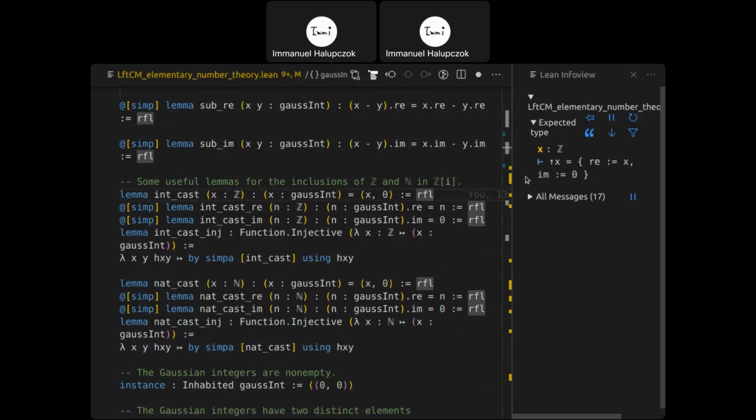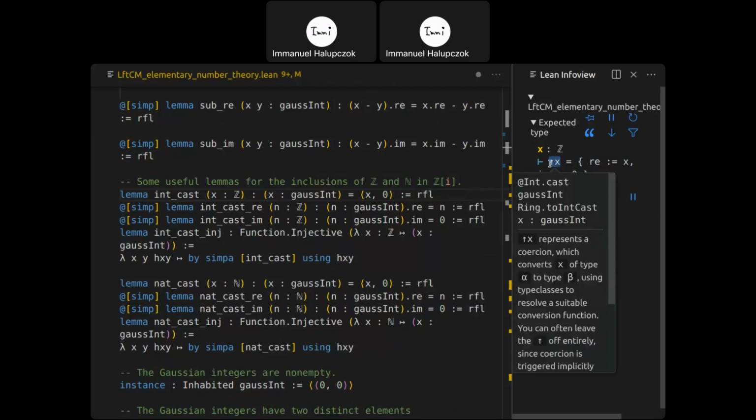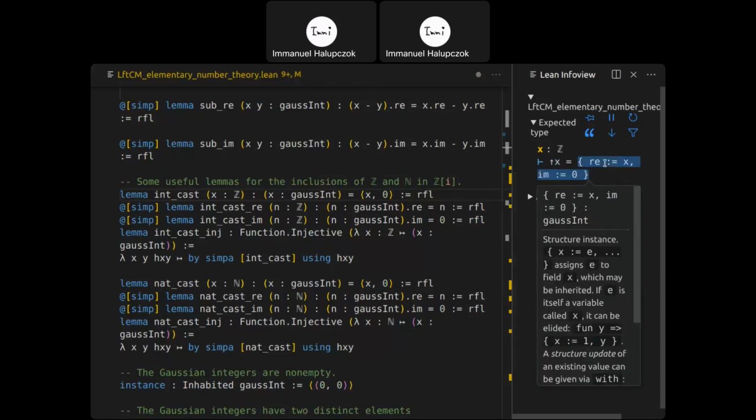Yeah, so since we have proven that the Gaussian integers are a ring, that means there is a way to include the integers, right? So there is a coercion map. That's what we have on the left-hand side. And on the right-hand side, we have the Gaussian integer constructed by feeding it real part equal to x and imaginary part equal to 0.